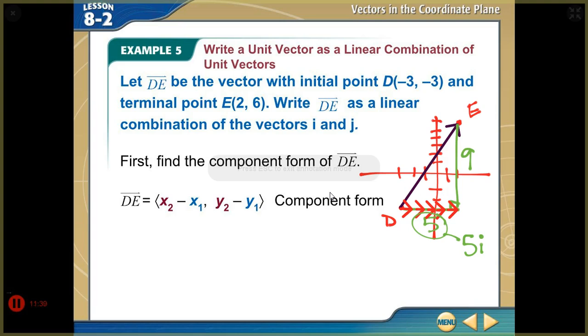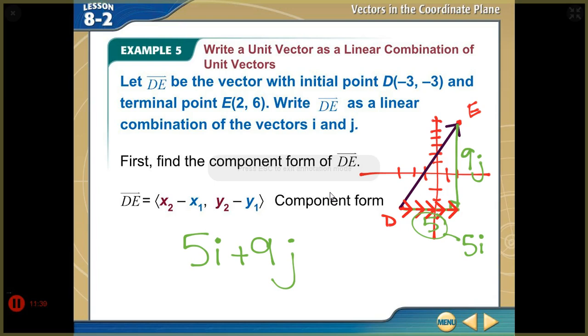If we were to take our values for here and add j 9 times, what we'd see is that value becomes 9j, where j is that unit vector that's up. So our whole thing becomes 5i plus 9j. And those are my component forms in terms of those unit vectors.